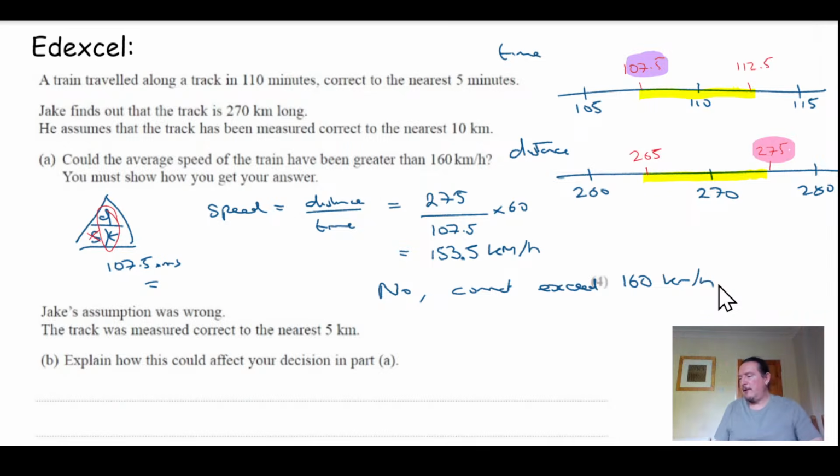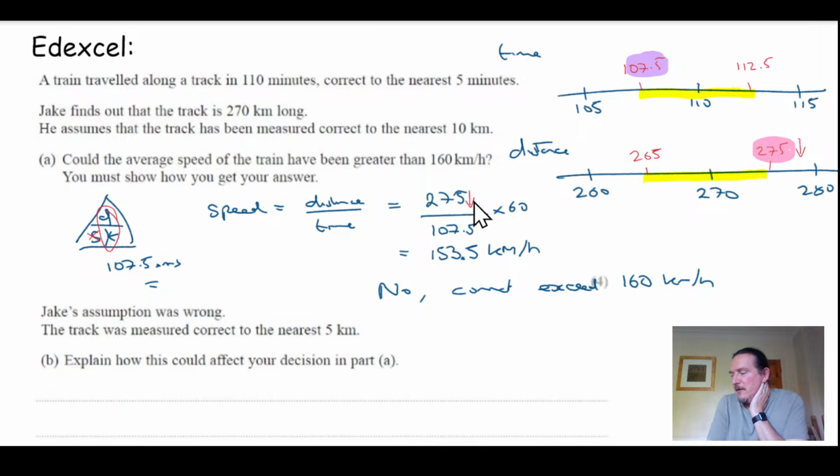Well, if it was to the nearest 5 rather than the nearest 10, then this upper bound would have been smaller than it would otherwise have been. Rather than 275, it would have been 272.5, so that would have got smaller. So that means the speed would have got less. How is it going to affect my decision? It's not going to affect it.